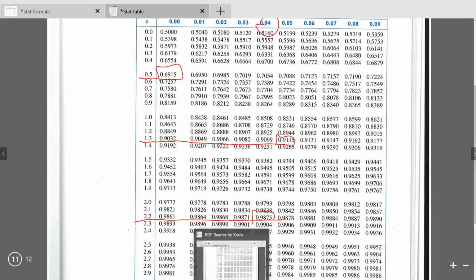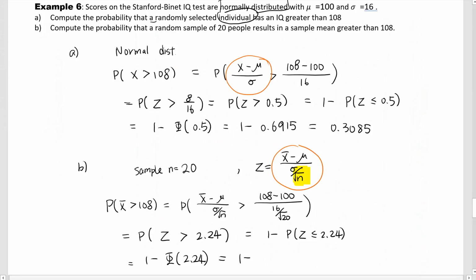Let's come back. 0.9875, so the answer is 0.0125. That is the probability that a random sample of 20 people results in a sample mean greater than 108. So far, so good, everybody?